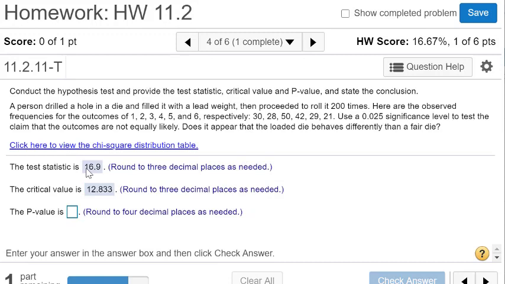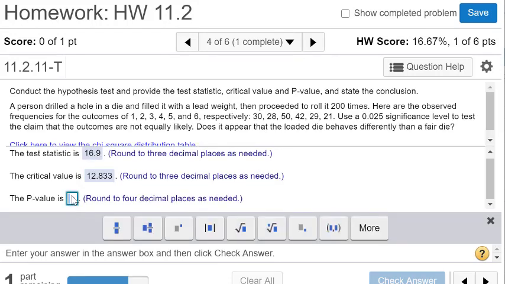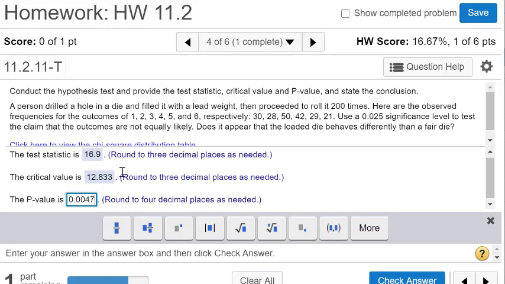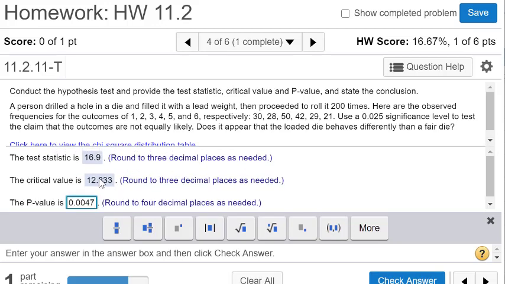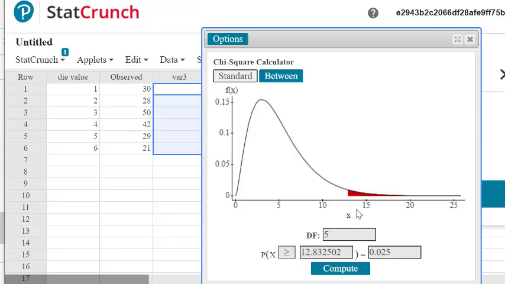Now if we look at the test statistic, oh, by the way, the p-value, let's put the p-value in here. But before we go on, the whole role that the critical value plays is as a test statistic. So the test statistic is 16.9. If we go back to our picture here, and it's nice that StatCrunch provides a picture, 16.9 is going to be somewhere in the red region, which is what we call the critical region.